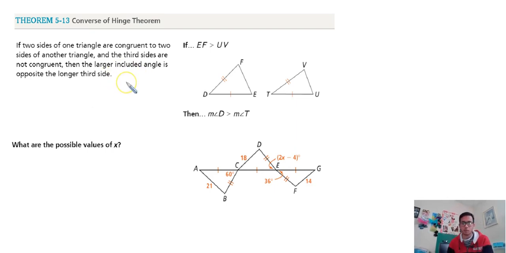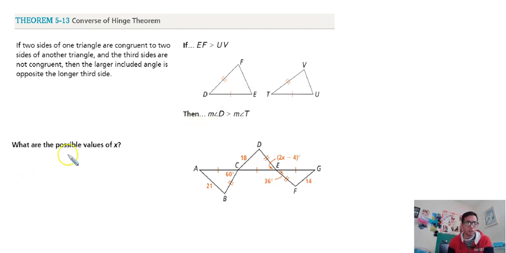So if EF is greater than UV, then angle D is greater than angle T. So it's the other way around. A while ago we used the angle to compare the sides. Now we are using the sides to compare the angles.